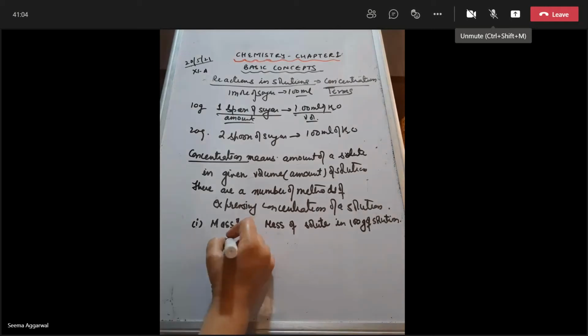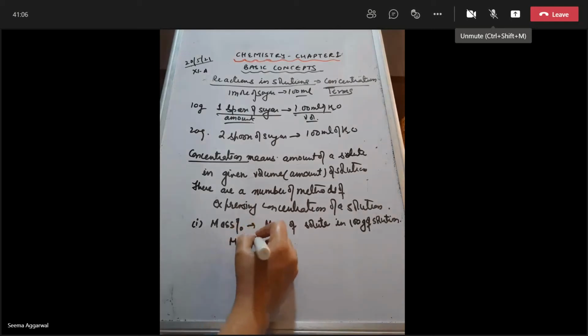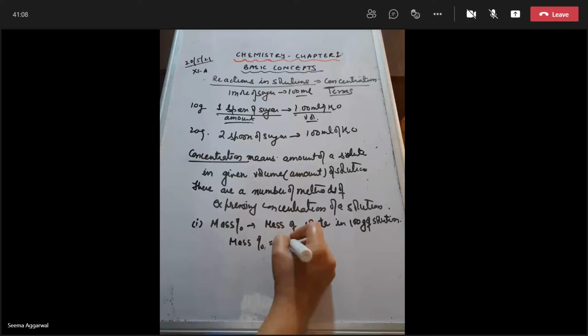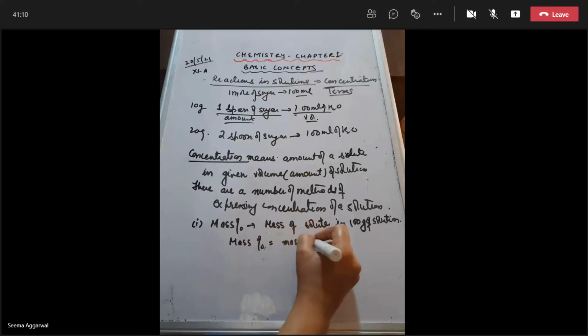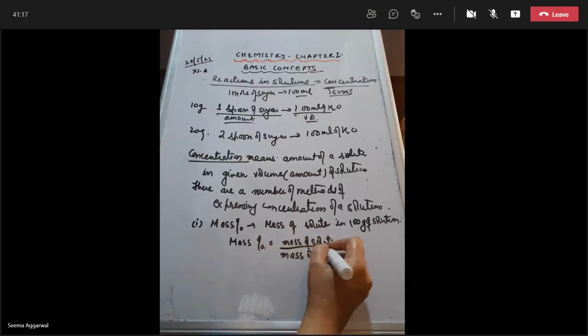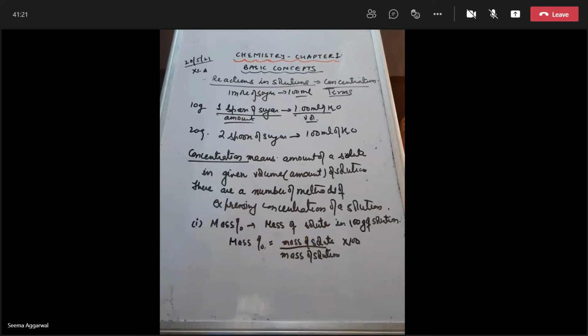Okay. Now what is the formula for calculating the mass percent? Formula means mass of solute upon mass of solution, means total mass, into 100. Okay, so this is the formula for calculating the mass percent.